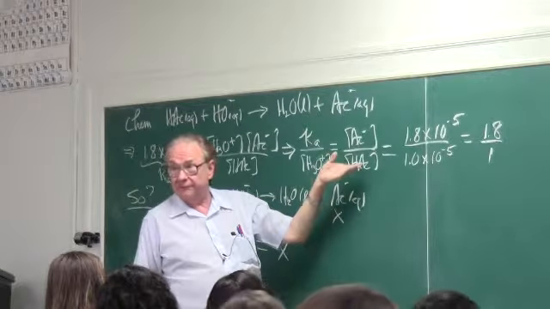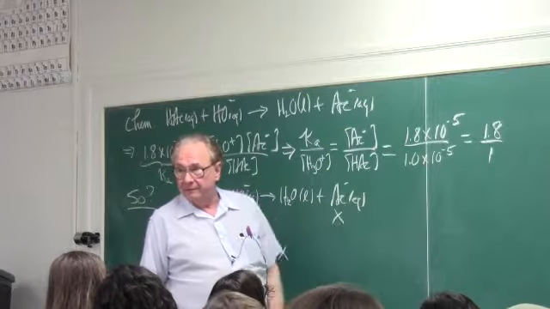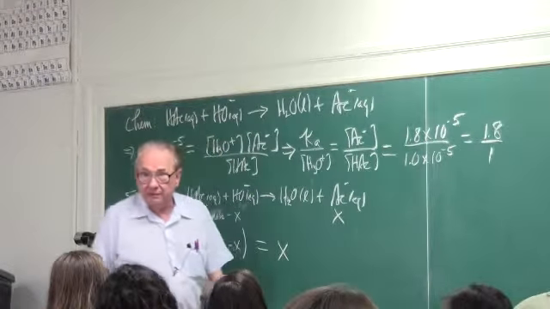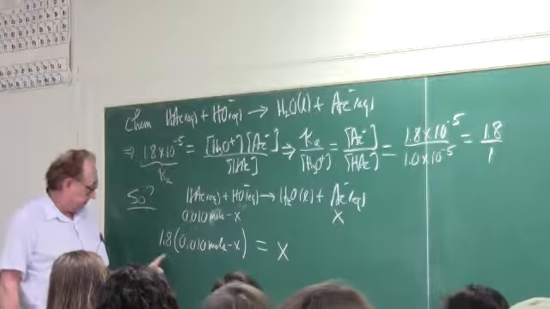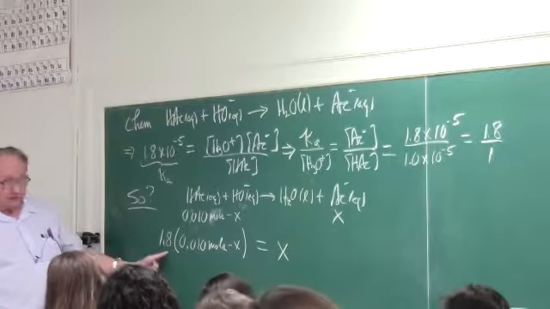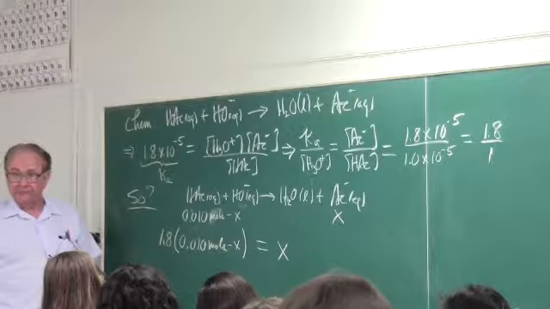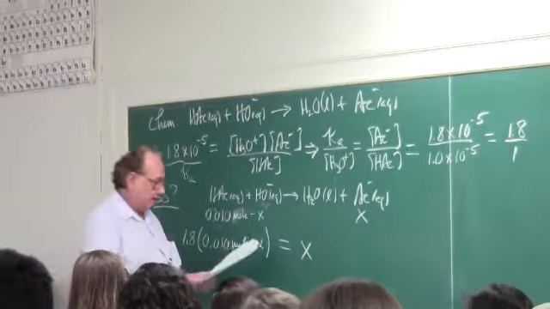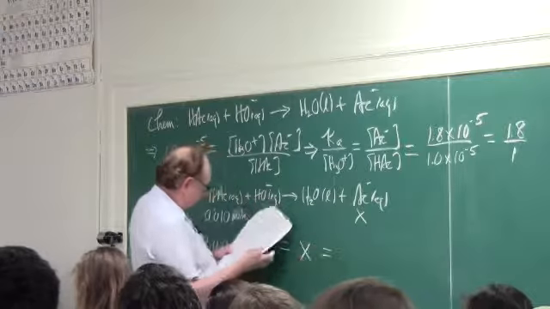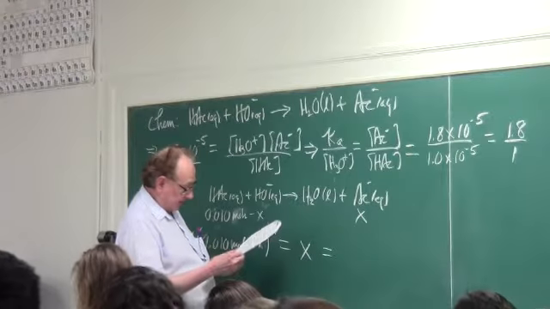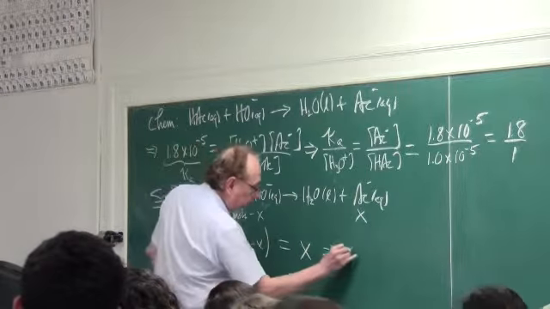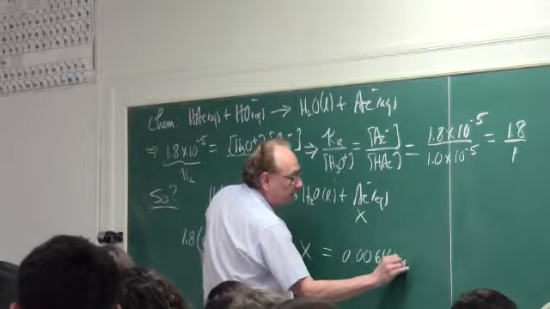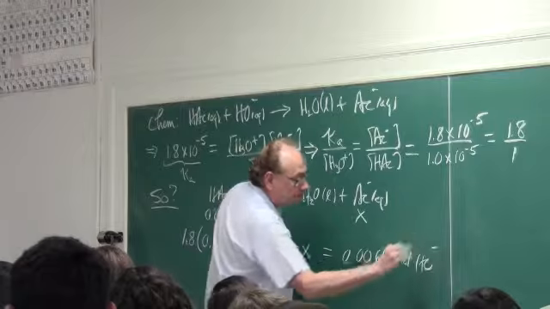This is nothing but simple high school freshman algebra. Okay? There it is. Now watch out, this is really a tough relationship. Solve it. X equals, I got it here someplace, 0.0064 moles hydroxide ion.